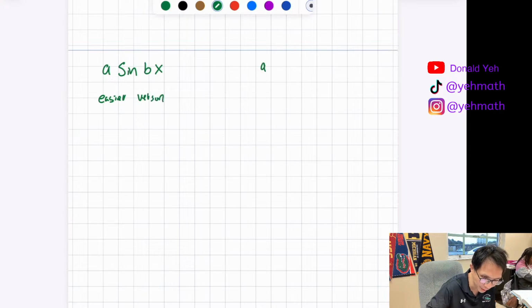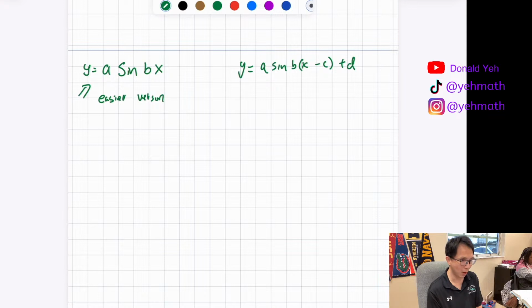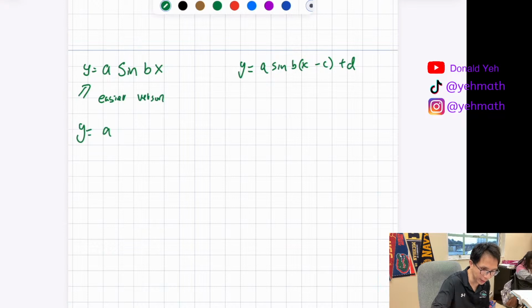The real version looks like this, and eventually, hopefully, we can graph that. But we're going to start with y equals a sine of bx, or y equals a cosine of bx.